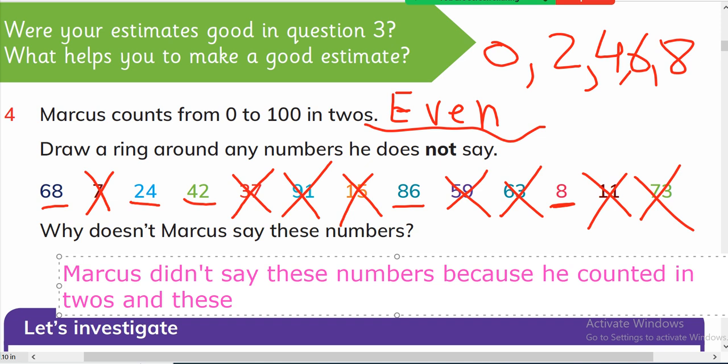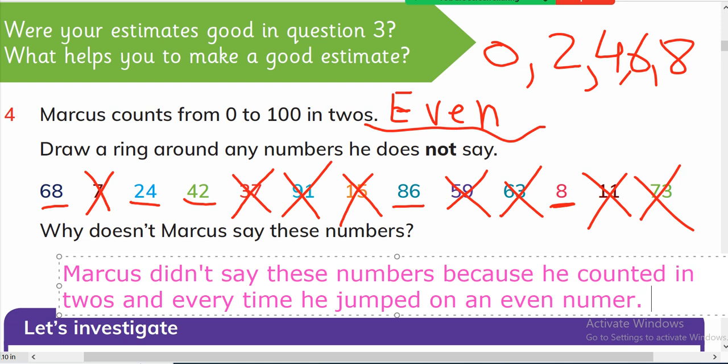Because he counted in twos, and every time he jumped on an even number.